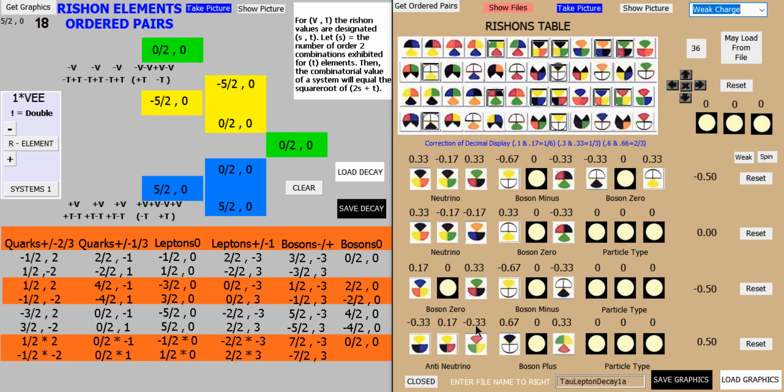Now, if we look again at what happens when this W boson interacts with the anti-tau lepton and changes it into an anti-tau neutrino, again we have the mutual annihilation of this particle and antiparticle, leaving you these two particles which have a minus 1/3 and 1/3 weak charge, which sums to 0.